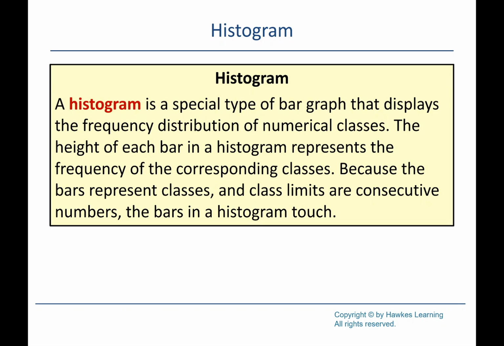We just take the frequency, the count of how many data values we have in each category. That tells us how tall to make the bar on the histogram. And one thing that's unique to a histogram over the bar graphs we've seen is the bars touch. We don't have any gap in between them.